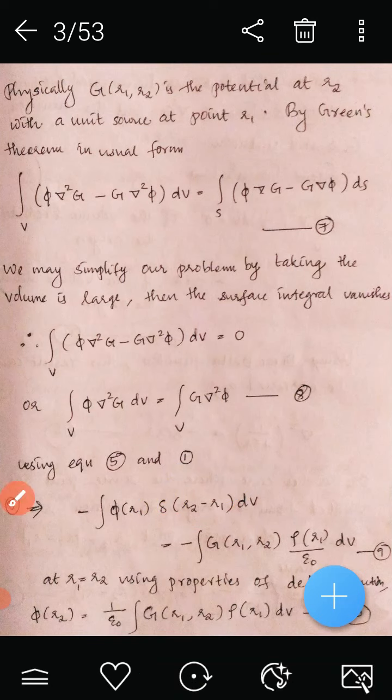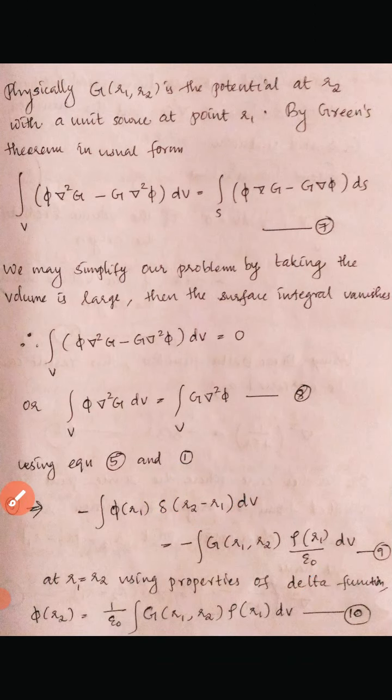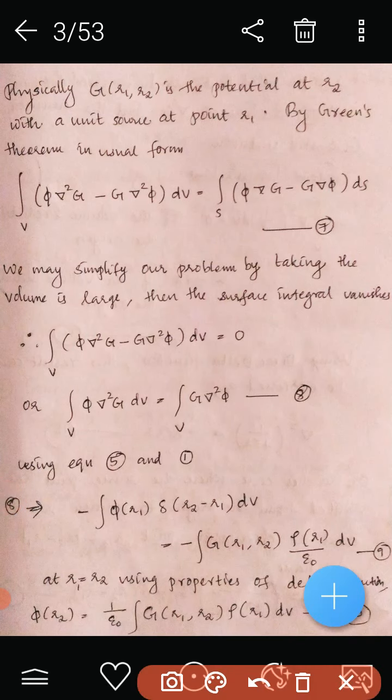Okay, so at r1 is equal to r2, using properties of delta function, phi of r2 is equal to, because at r1 is equal to r2, this r1 becomes r2, phi of r2. This is equal to 1. Now in the LHS only phi of r2.